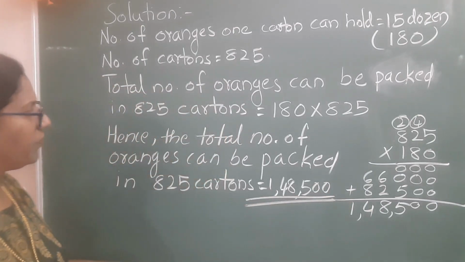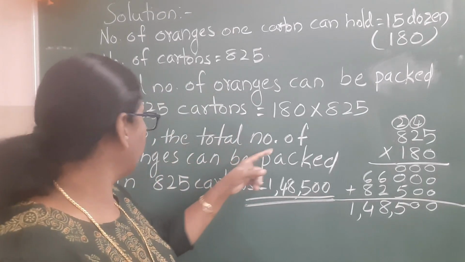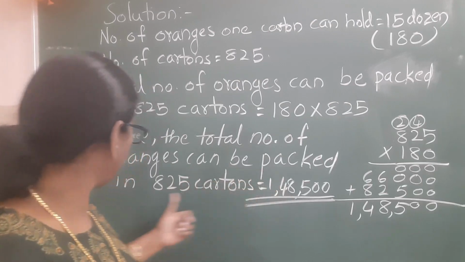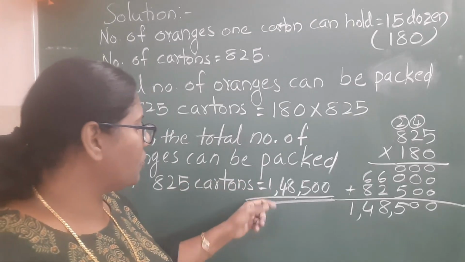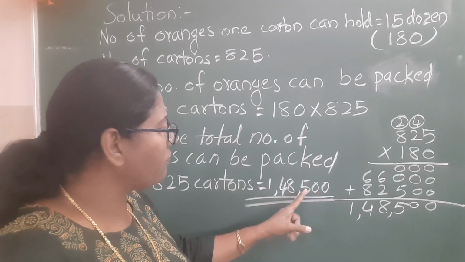Hence, the total number of oranges can be packed in 825 cartons is equal to 1,48,500.